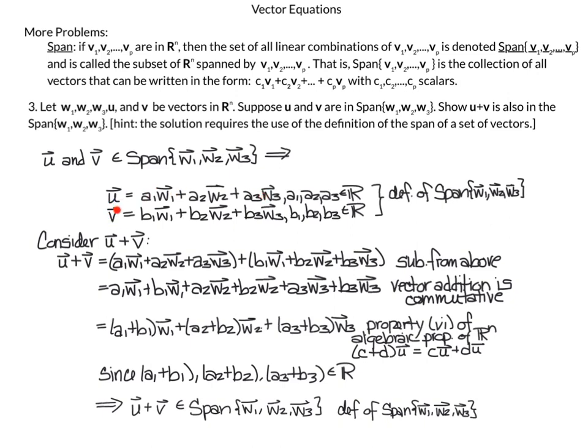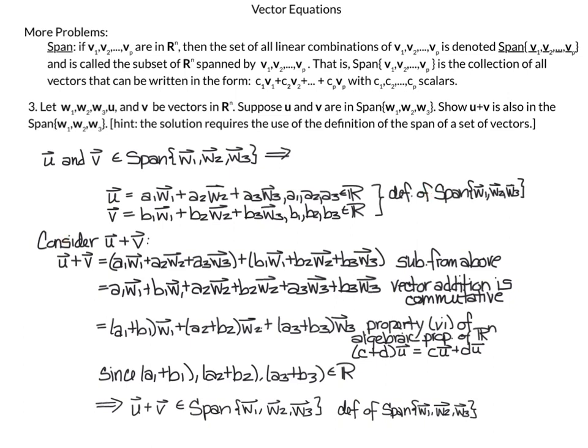Then also V, I did the same thing. I chose my coefficients B1, B2, B3. Those are my scalars, my weights, to multiply W1, W2, W3. So U and V are both linear combinations of W1, W2, W3, and that's just from the definition of span.